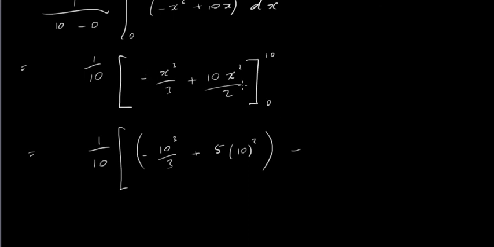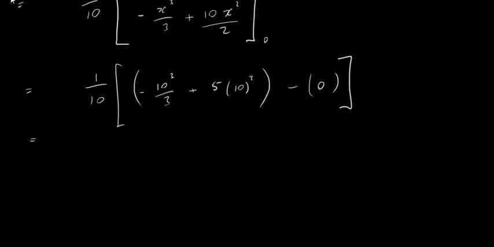If we put 0 in here and 0 in here, we'll just end up with 0. So that will give me 1 over 10 times minus 10 cubed, so that's 1000 over 3 plus 500. And this is just 0 here.